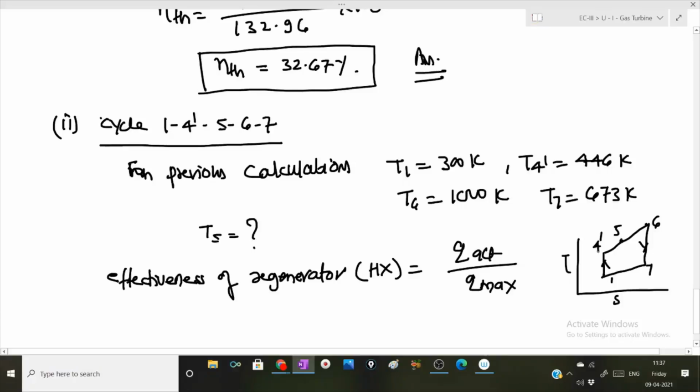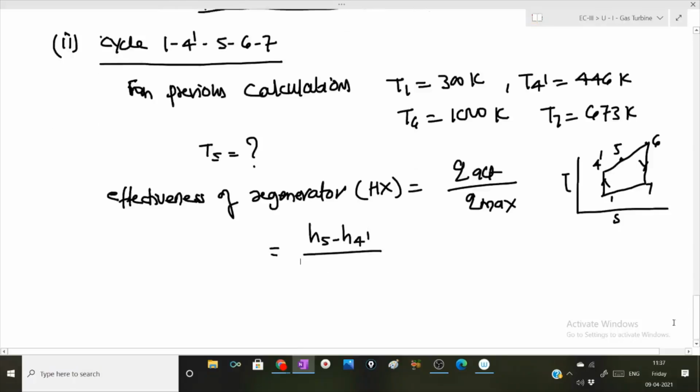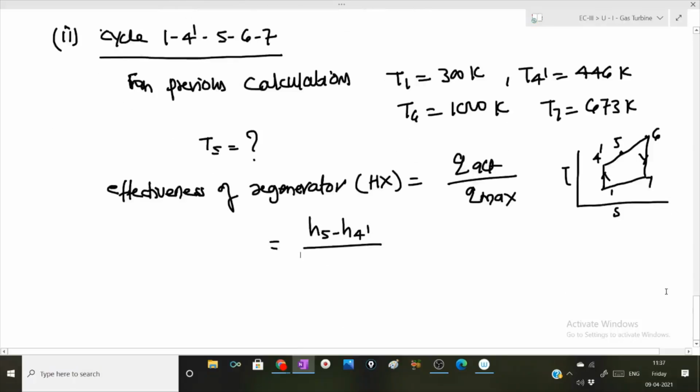H5 minus H4 dash. What will be the maximum possible heat transfer? It corresponds to the temperature difference between state 7 and 4 dash, so H7 minus H4 dash.